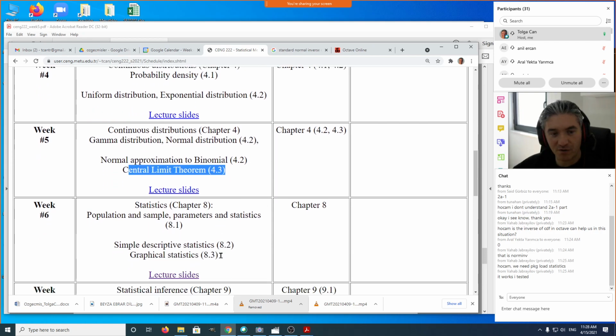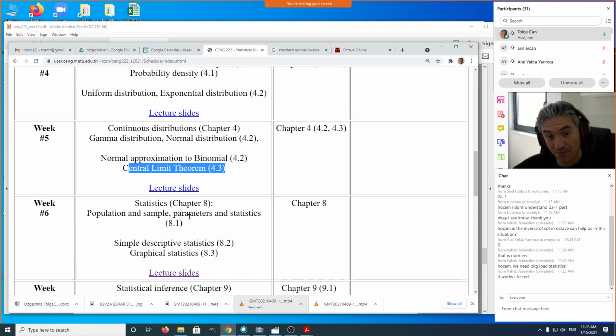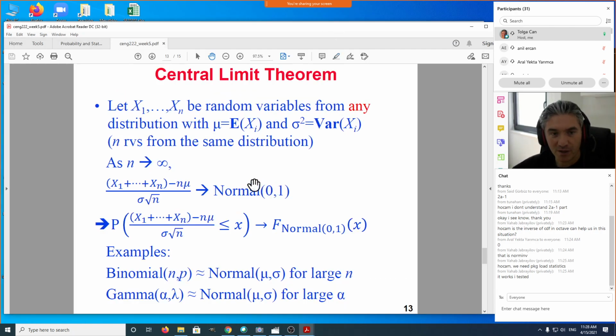And next week, we're going to jump 4 chapters ahead to chapter 8 of the book, which is about statistics, population, sample parameters and statistics. So the central limit theorem is a really nice theorem that says that if you have random variables X1 to Xn, they're independent, but distributed with the same distribution.